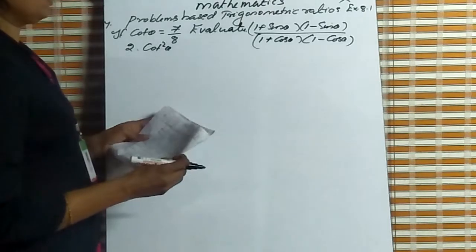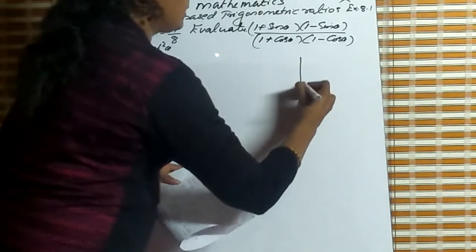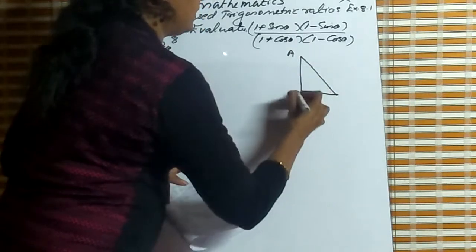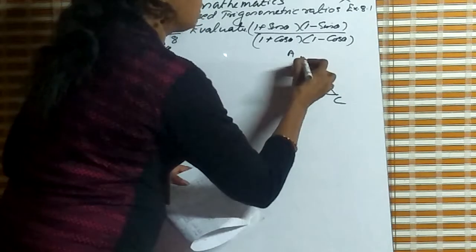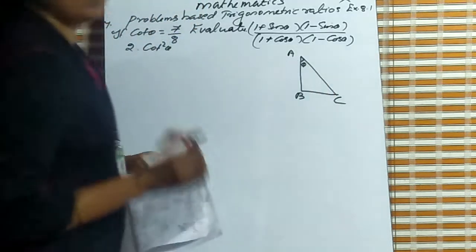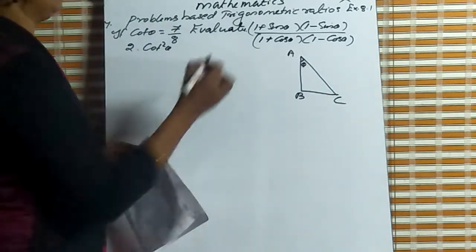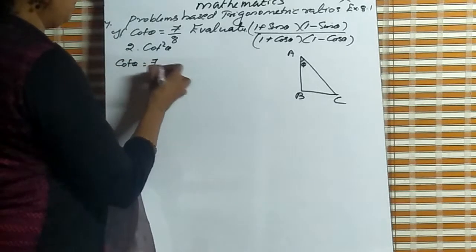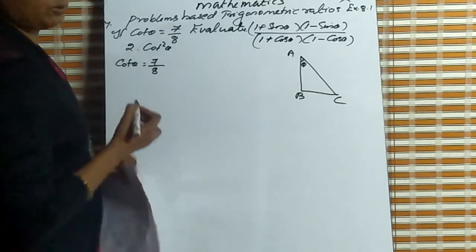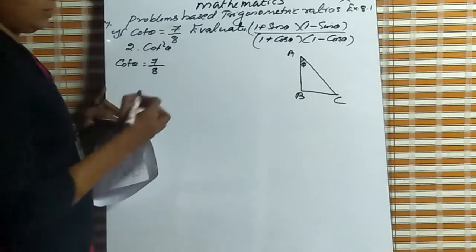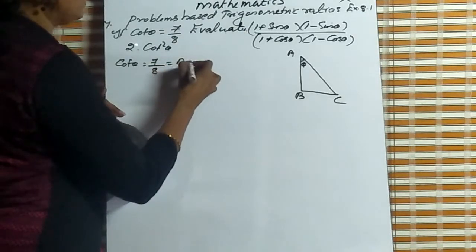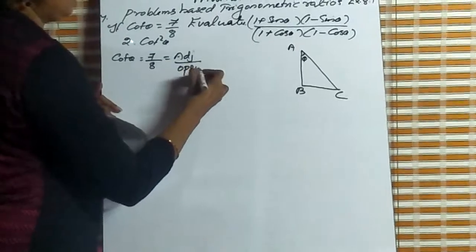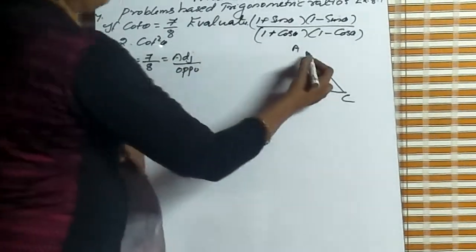For that, first we draw a right angled triangle ABC, where one acute angle is theta, and given cot theta is equal to 7 by 8. What is cot theta? It is the reciprocal of tan theta. Cot theta equals adjacent side by opposite side.